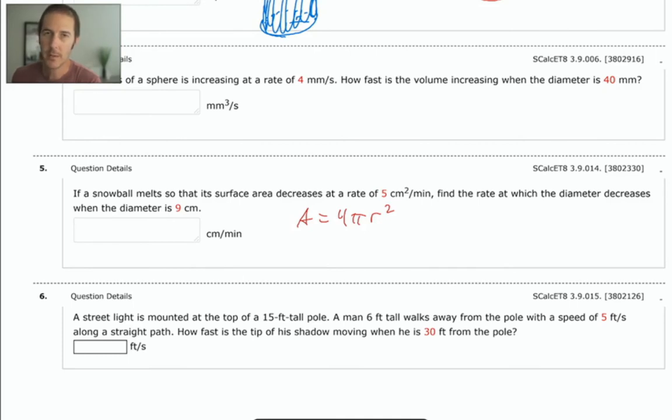You can bet that whatever dr dt ends up being is going to be half of your correct answer, because the diameter is twice the radius. So if dr dt ends up being -2, then your final answer is going to be -4. If dr dt ends up being -6, then your answer is going to be -12.